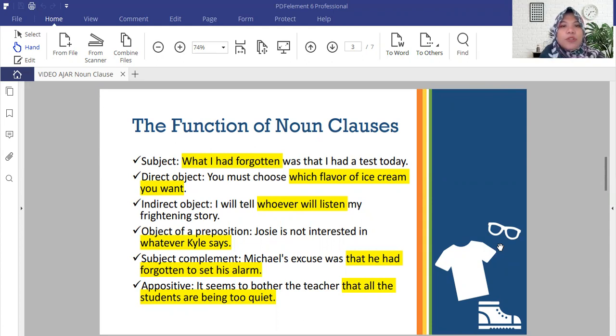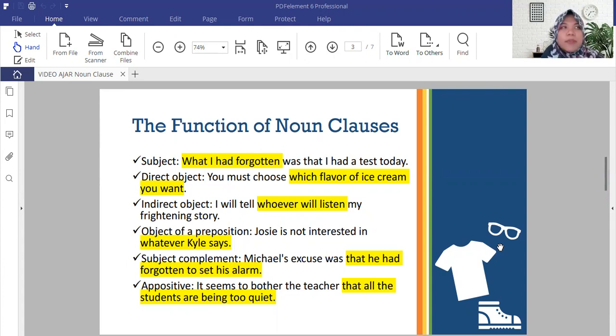Direct object now. You must choose which flavor of ice cream you want. So which flavor of ice cream you want is a noun clause, and in this case, it becomes the direct object of the sentence. So if you think that subject and object only contain one word, this is totally wrong.